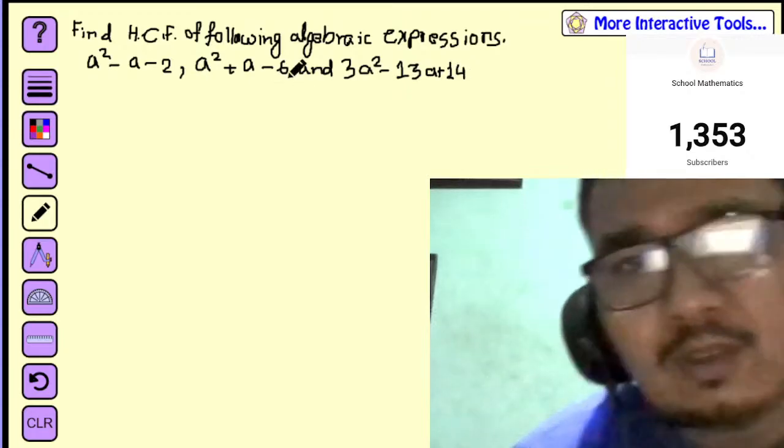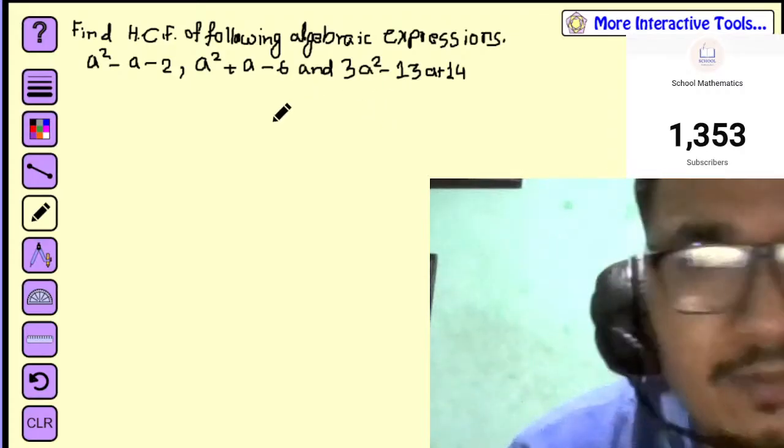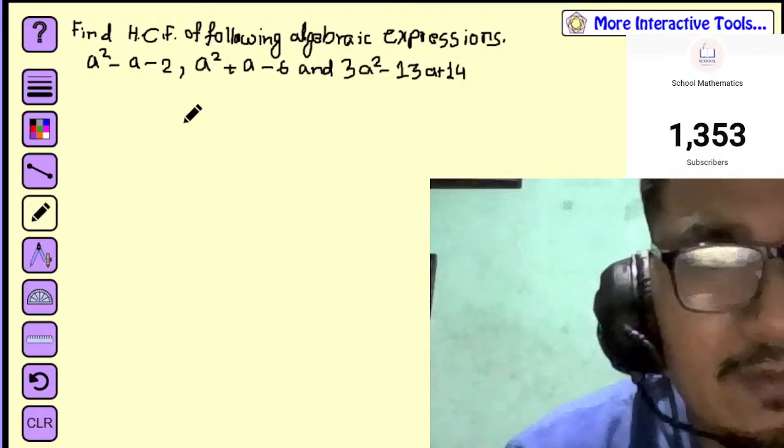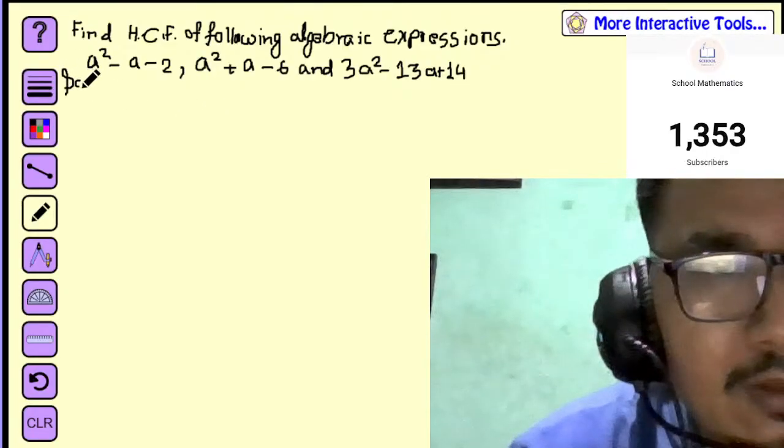Okay, like this there are three algebraic expressions given, and we are asked to find out the HCF.